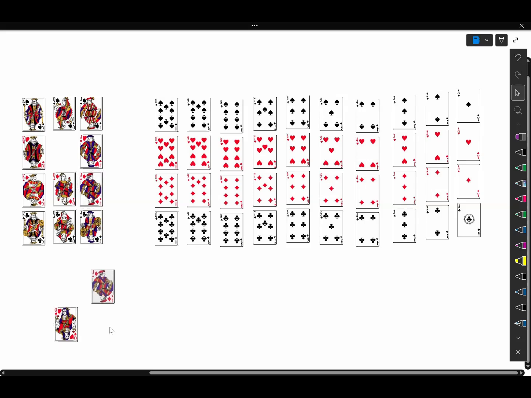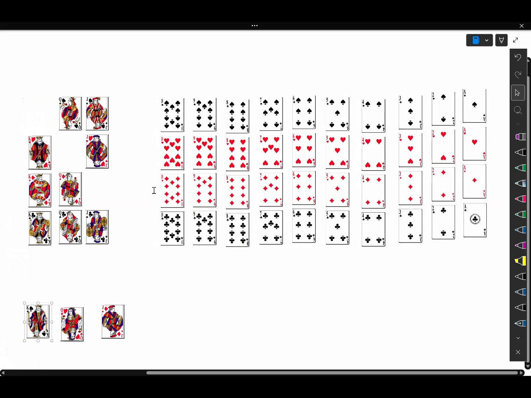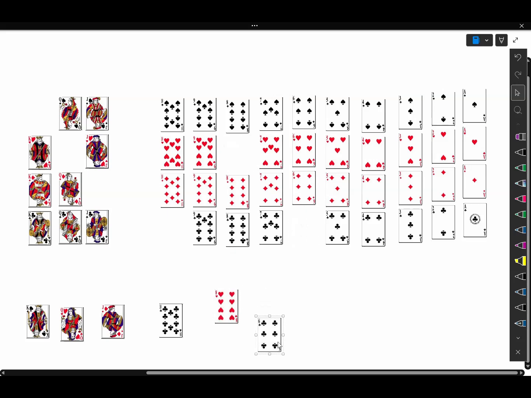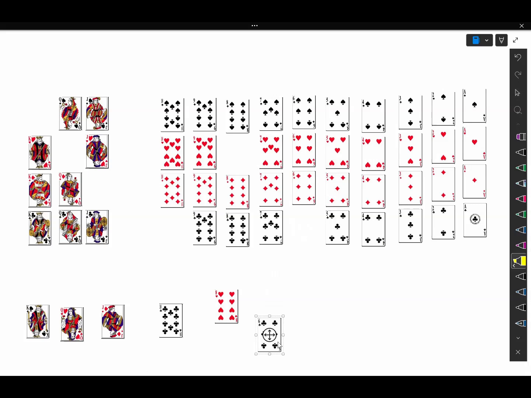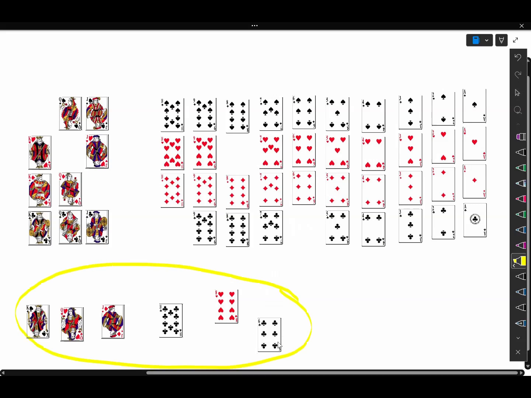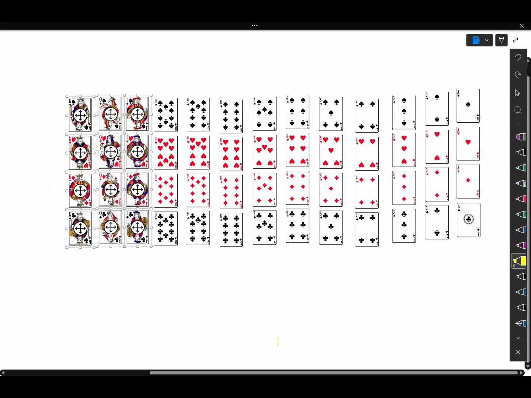I would end up with 3 face cards from here, and I would also make sure that I end up with 3 cards from my numbered values over here. I might end up with cards from the same suits, or from different suits, but either way, we're not focused on the suit here. We were making sure that each group was represented, and those groups here were face cards or numerical values.